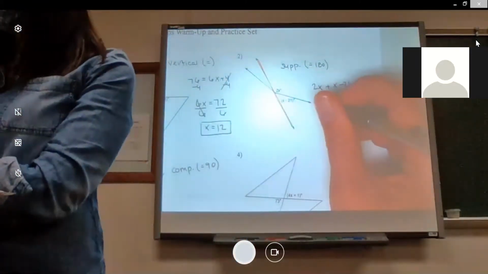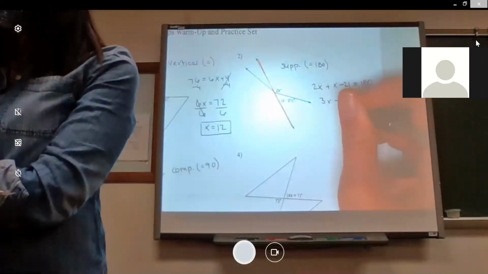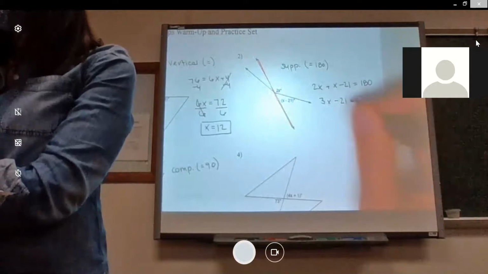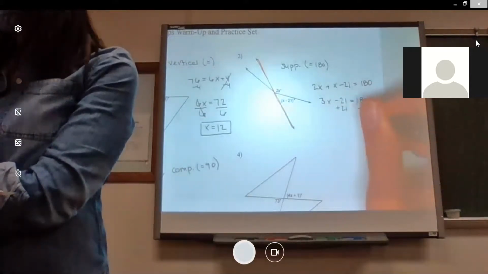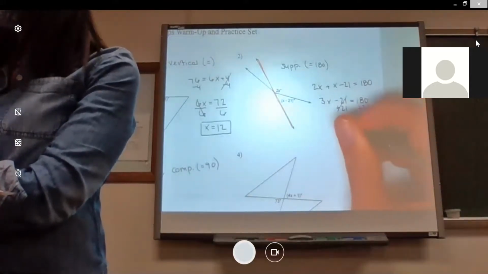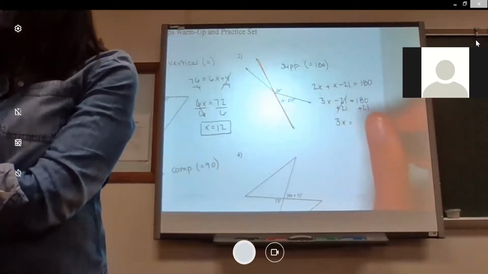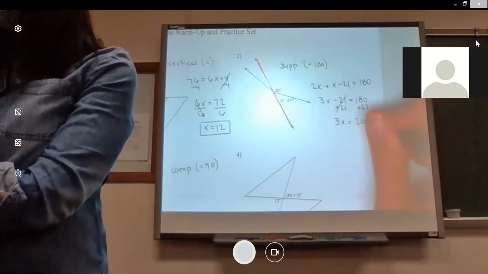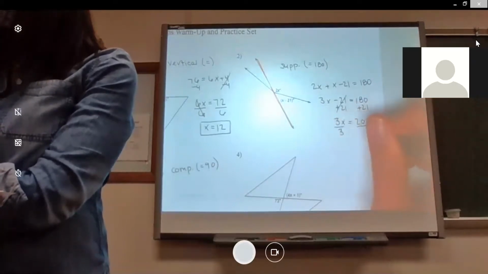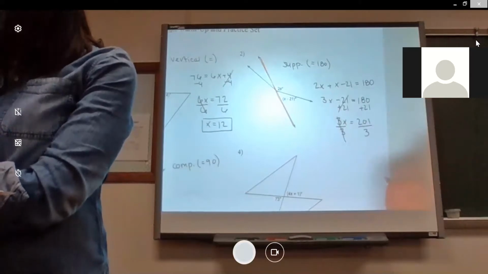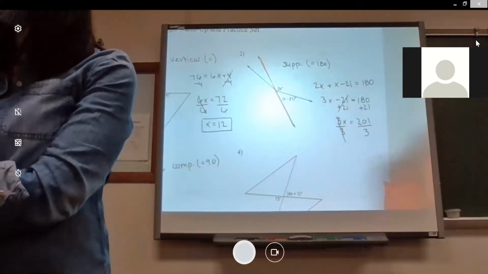So I have 3x minus 21 equals 180. And I add 21, and 3x equals 201. And I divide by 3, and that's going to give me 67, I think.